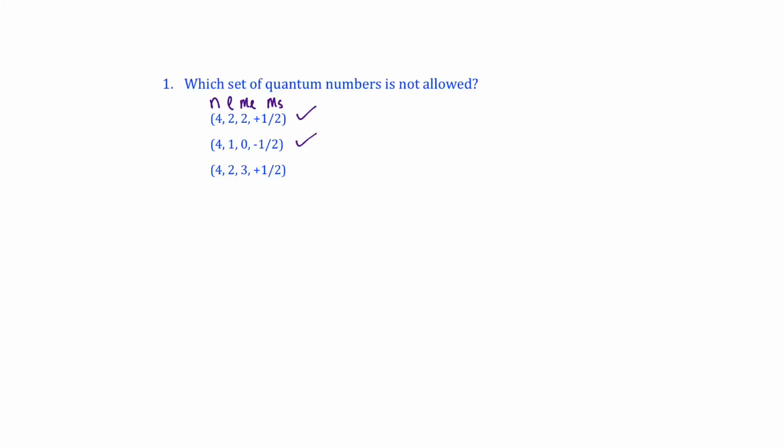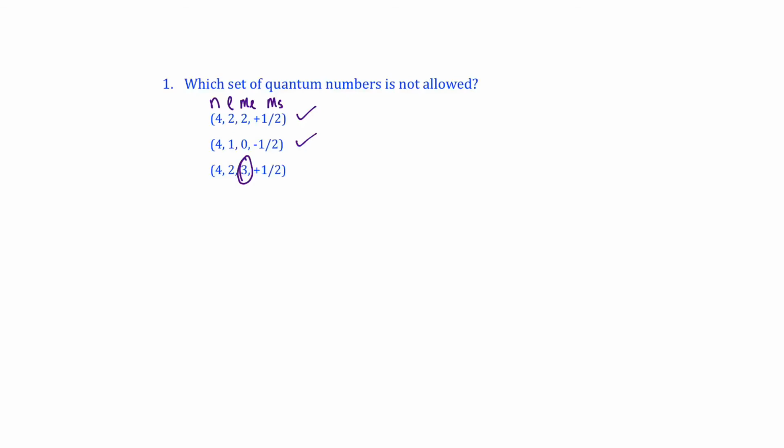Let's look at our last one. Again, n equals 4, l equals 2. By now, hopefully you can recognize that as an acceptable number corresponding to n equals 4. We get options of 0, 1, 2, or 3, so 2 is okay. The m sub l options for l equals 2 should be minus 2, minus 1, 0, plus 1, or plus 2. So right now I'm seeing bad news bears on that 3. 3 is not going to be allowed as an m sub l value for l equals 2.